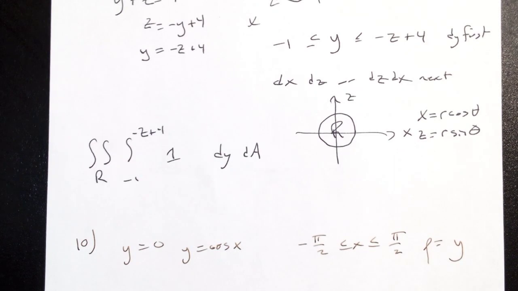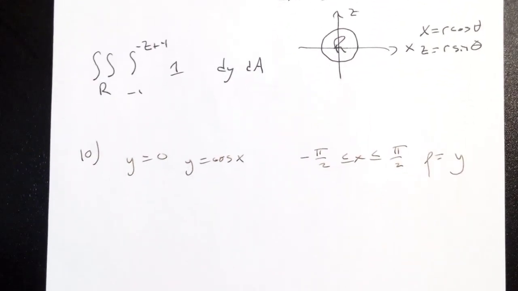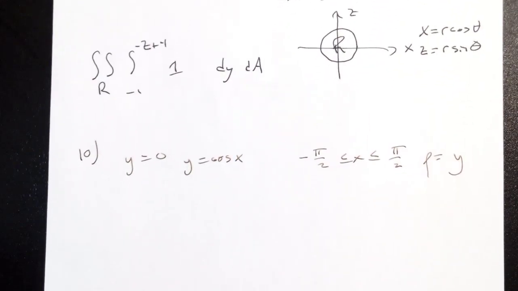So, first thing I'm going to do is ask you to draw me a picture. What's the graph of cosine from negative pi over 2 to pi over 2?